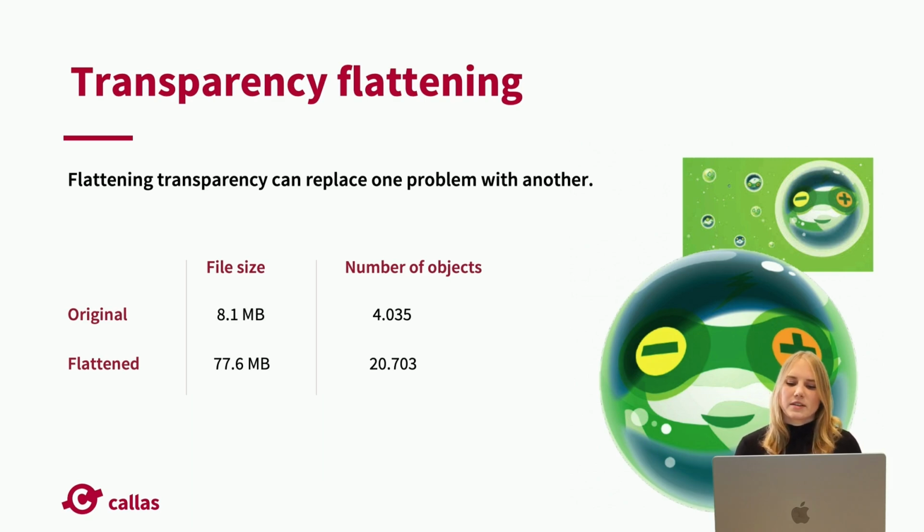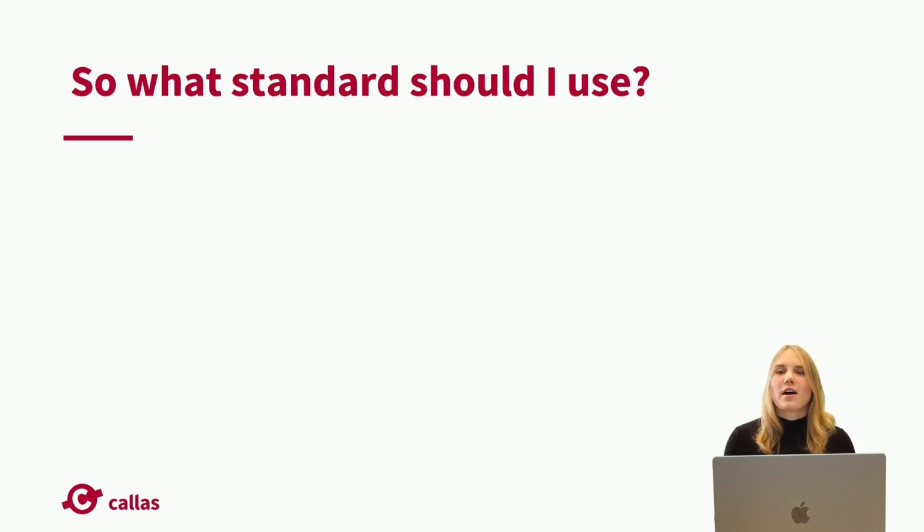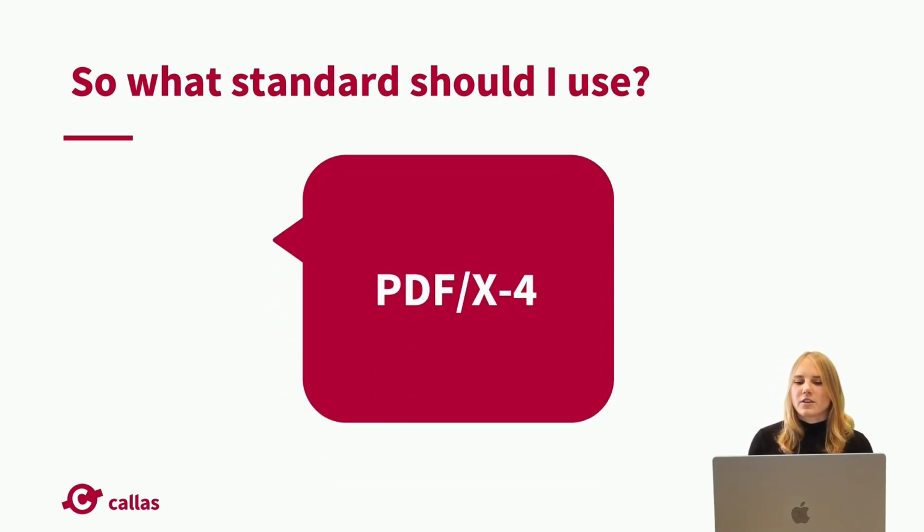But with today's technology, this should rarely be necessary, as modern systems, as I already said, can handle transparencies, and more modern PDF/X standards like PDF/X-4 also support these features. So if you ask me what standard I should use, with the current state of technology, the best advice is to use PDF/X-4 whenever it is possible. As I said, it offers many advantages, especially when it comes to handling transparencies.